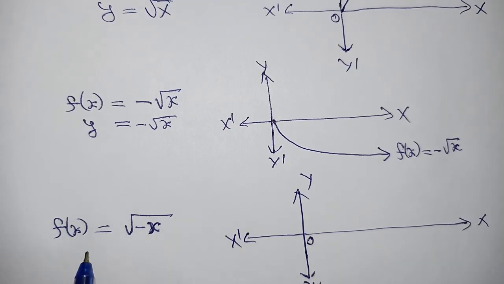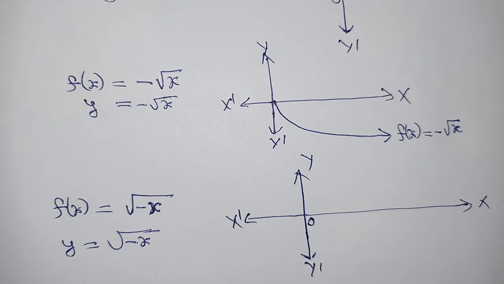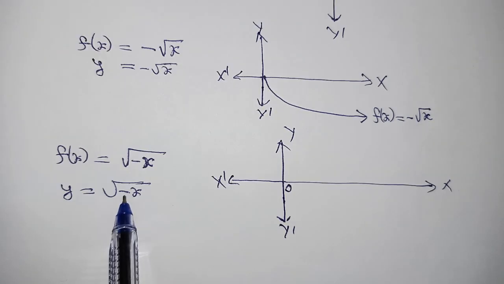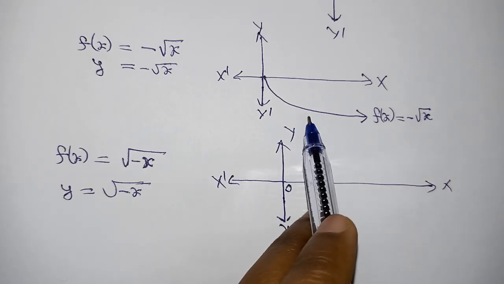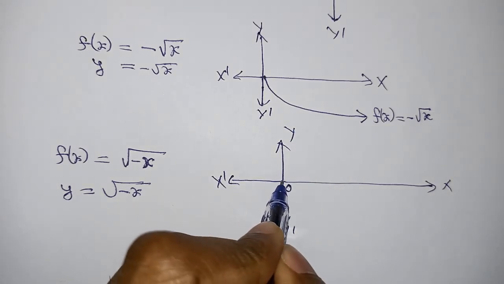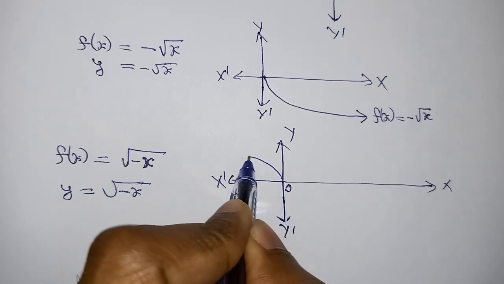So y equals square root of minus x. The value of y is positive, but the value of x will be negative. Whenever we take any positive value, this value will be negative just because of this sign, so x will be on the negative axis, and the graph is the same, it just changes direction like this.